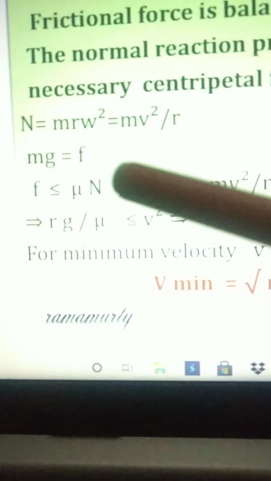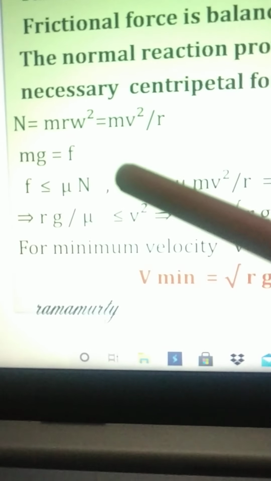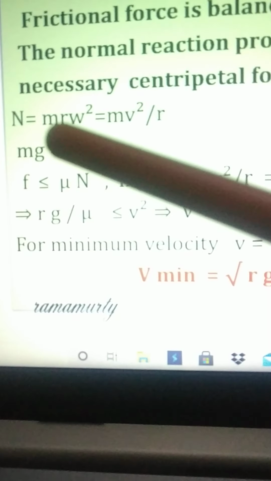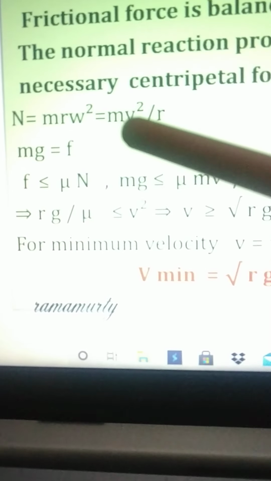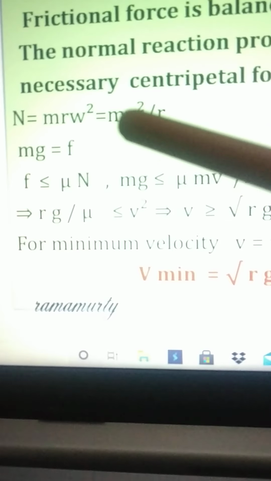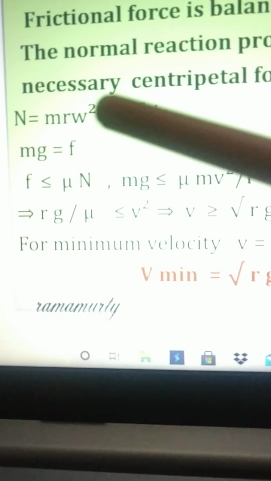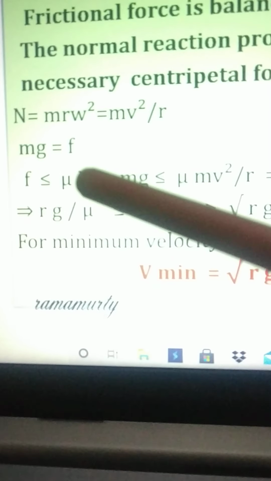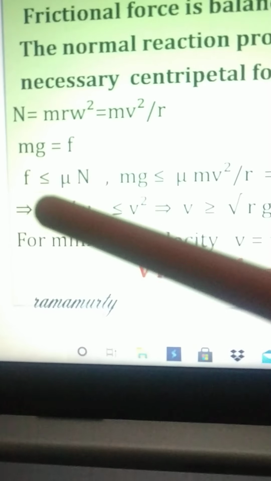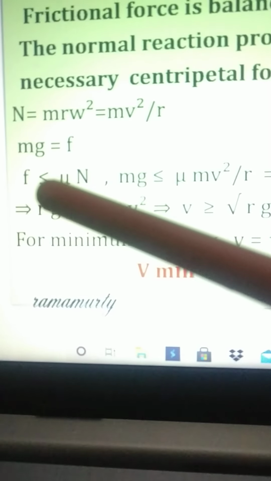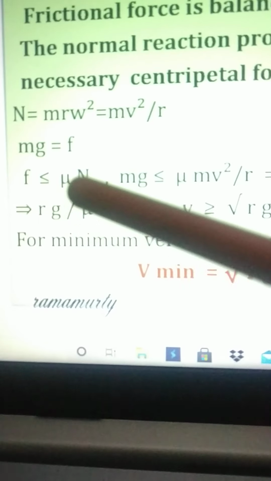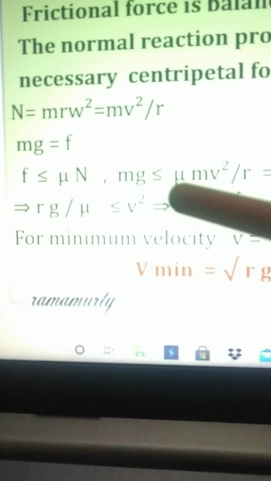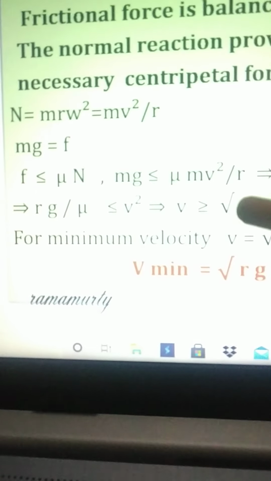Here, using the balancing of forces, we write down the formula. N, the normal reaction, balances the centripetal force, so N is equal to mv squared upon r, or m r omega squared. And mg is equal to friction, so F is less than or equal to mu N. So mg is less than or equal to mu mv squared upon r.